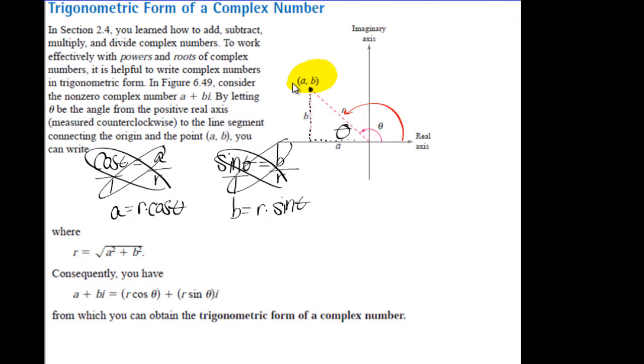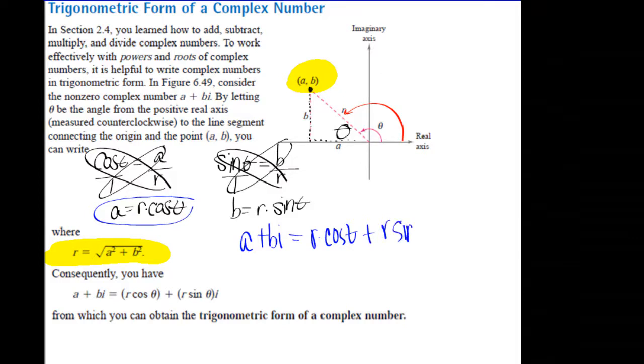In our previous example, we saw that the r value is equal to the square root of a squared plus b squared. We know that any complex number can be written in the form a plus bi. Well, making this substitution for a, we get r cosine theta plus b is r sine theta, i.